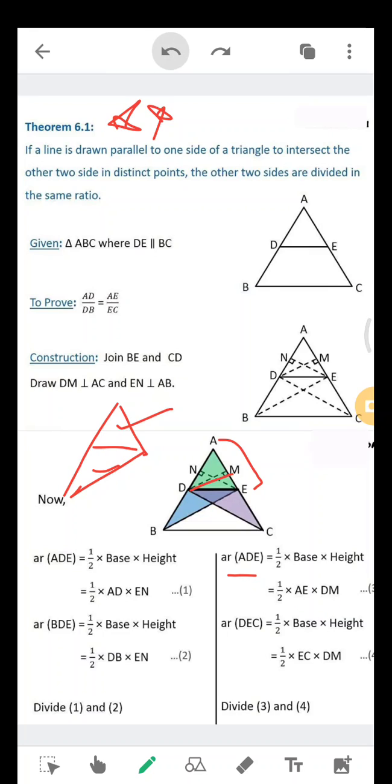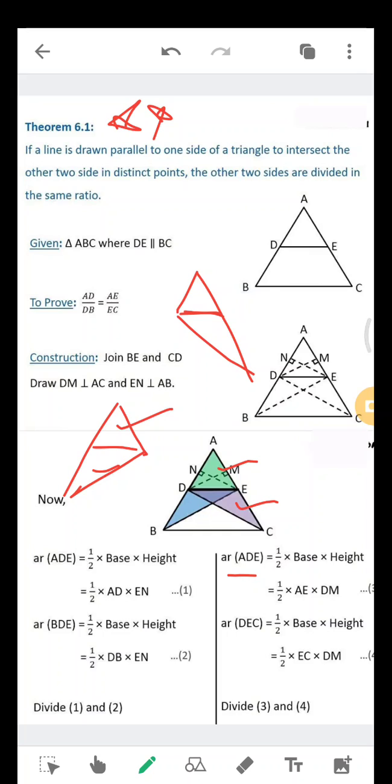Then we'll find the area of the other part. I said just now that we'll find the area of the triangle in this manner. The other triangle is DEC, this one.